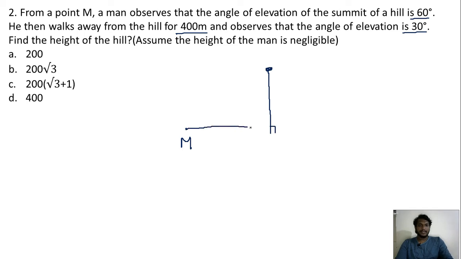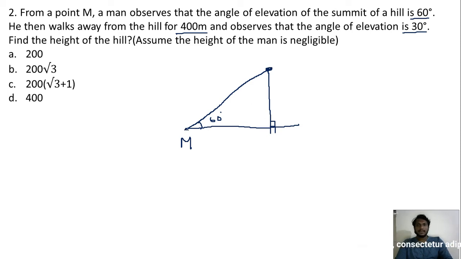Here this is the ground. Now he observes that the angle of elevation is 60 degrees, and we have to find the height of the hill.